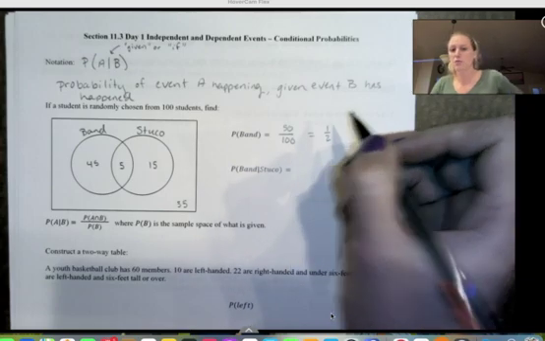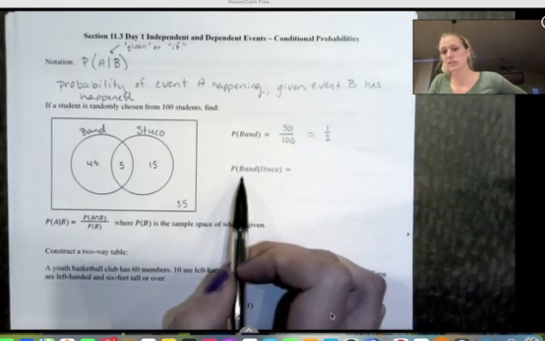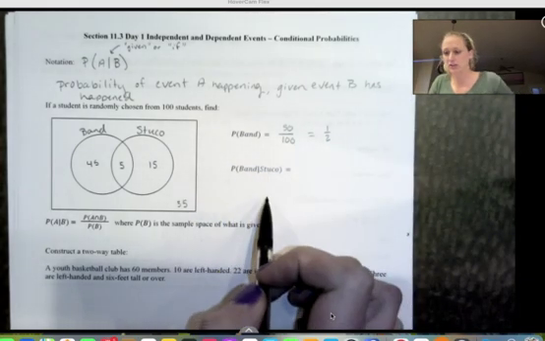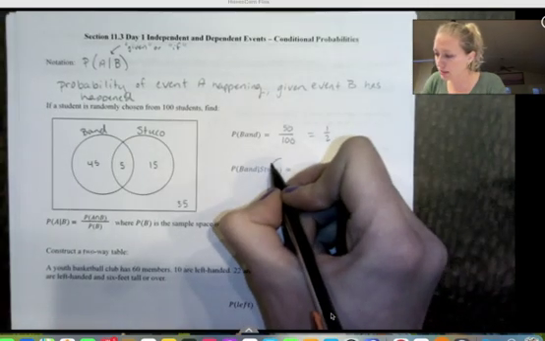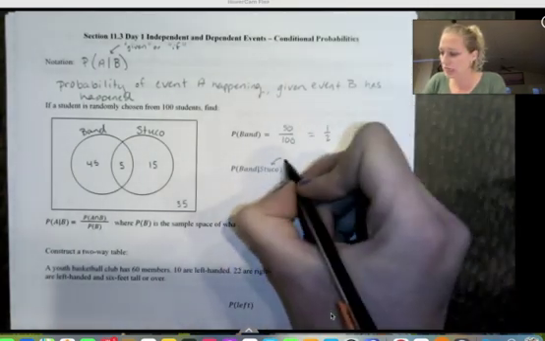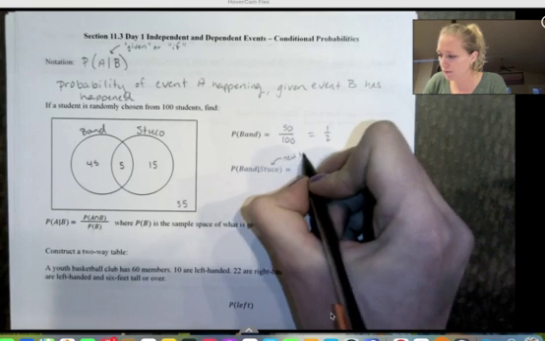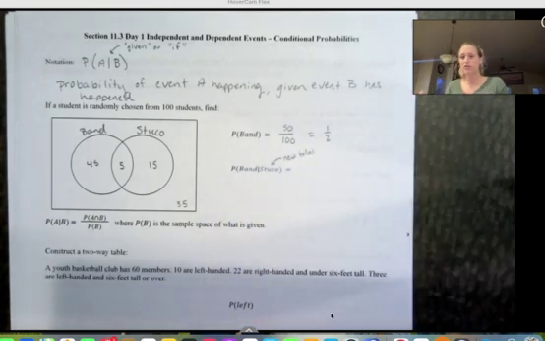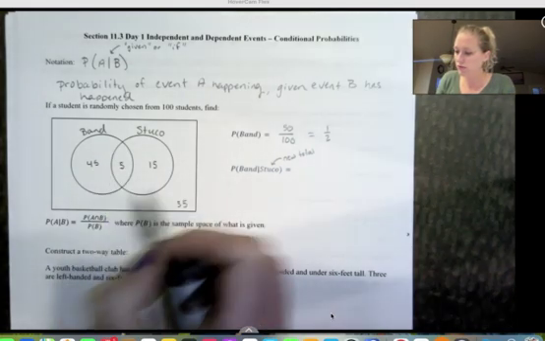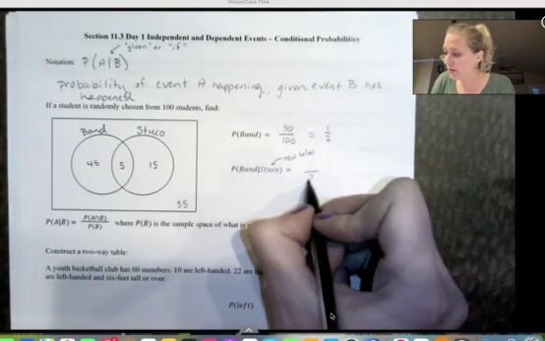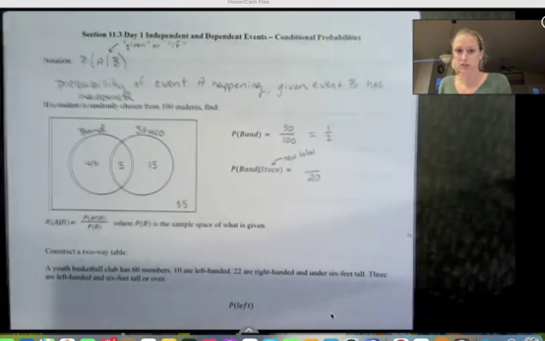Now we want the probability that a student's in band given they're in student council. What this part does is change our total. This is our new total. So instead of out of 100, we're just looking at the kids in student council. In student council, there are 20, so now this is going to be out of 20 students.